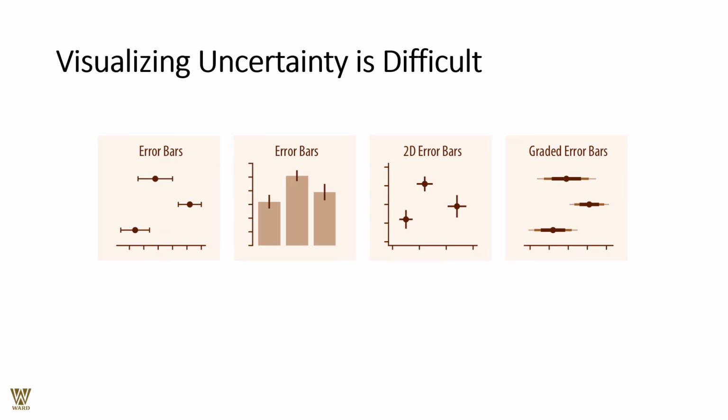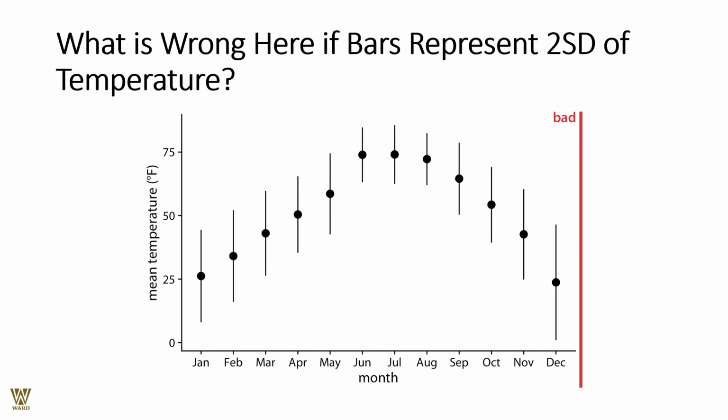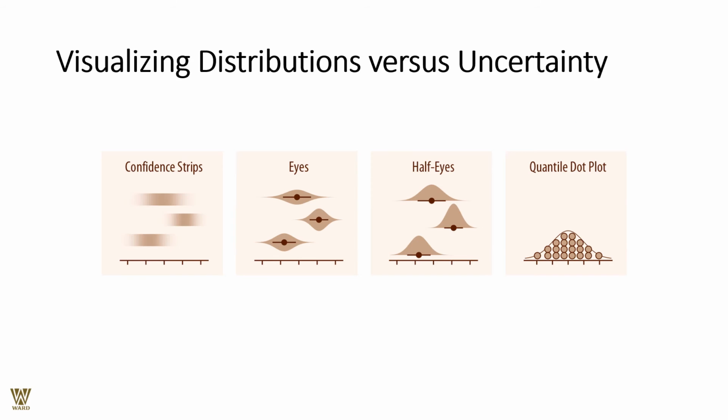Visualizing uncertainty is surely very difficult. We are talking about error bars, 2D error bars, and graded error bars. What is wrong with the bar representing the temperature? Look at it. If a range is given around it, we can visualize the distribution vis-a-vis uncertainty. Yes, this is the confidence strip, the eyes, the half eyes, and the quantile dot plot, as the case might be.